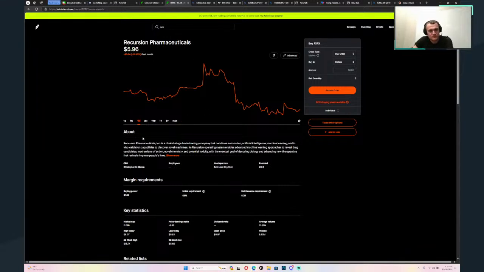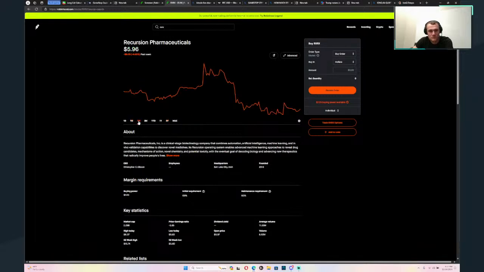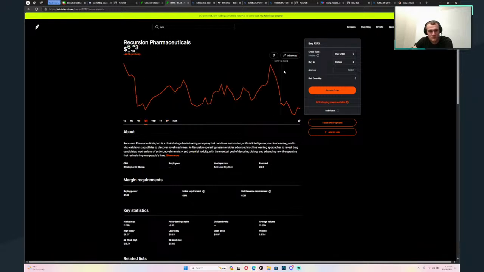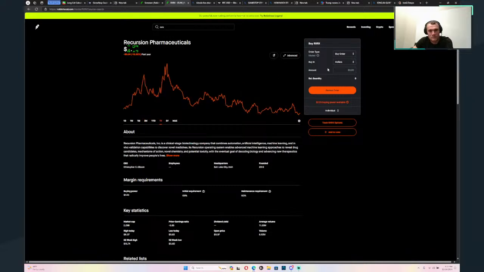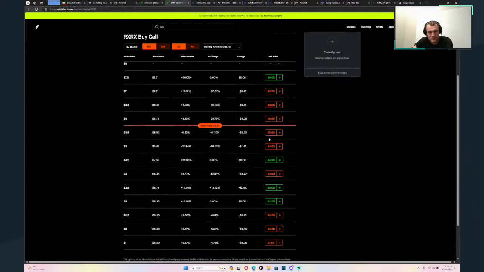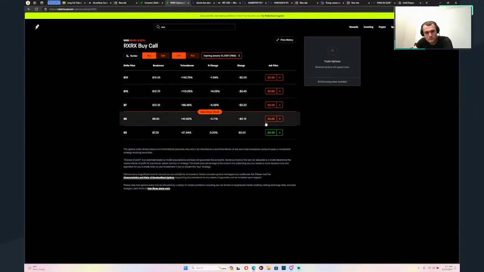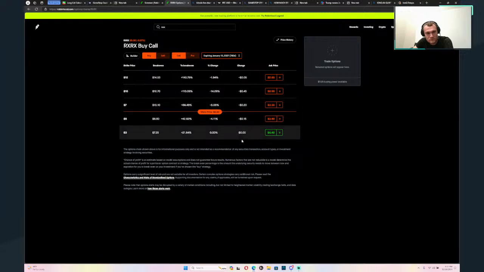I'm a swing trader. I'm not an investor, meaning I like to make trades pretty quick or pretty often. I like to have my money work for me relatively quickly, and that's where it goes back to me taking 20 to 30% on options. I want to get in, I want to get out with my realized gains, and then put that to work somewhere else. So while I do believe in RXRX and I think it's a good company, I just don't know that it's right for me right now.